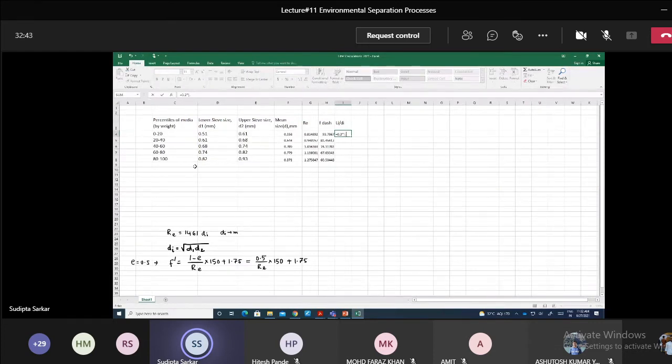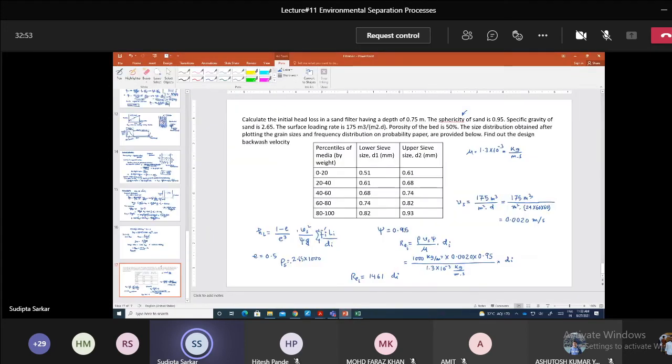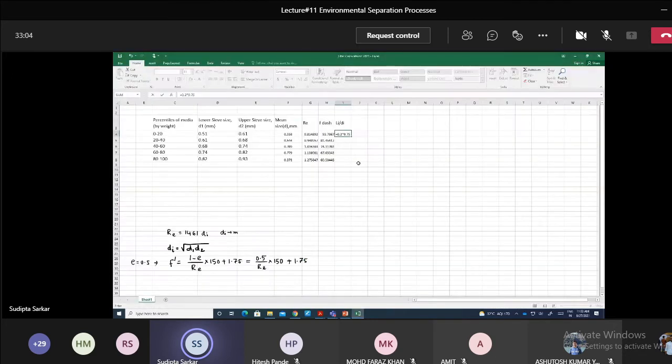Why 0.75 meter? Because you can see here we have said that the total depth is 0.75 meter. So let us write 0.75 meter here. So 0.2 into 0.75, this is the total depth, right? So this is 20% of it, and so this is the Li value.